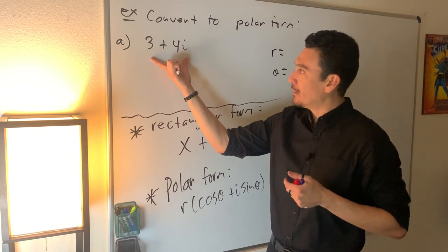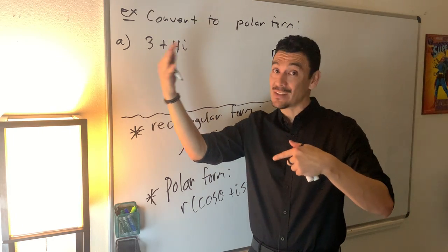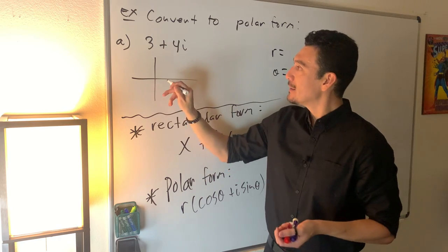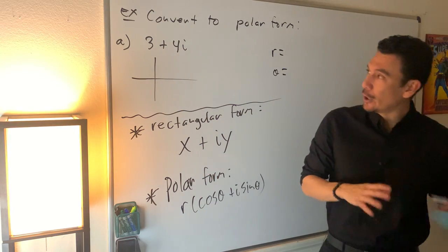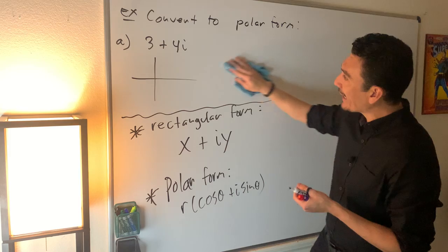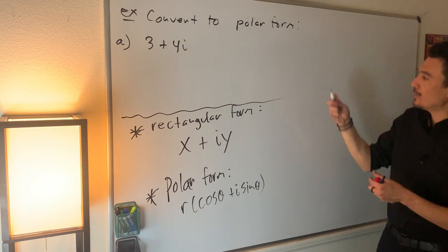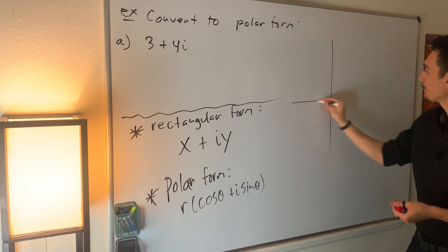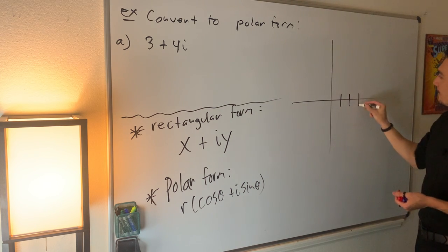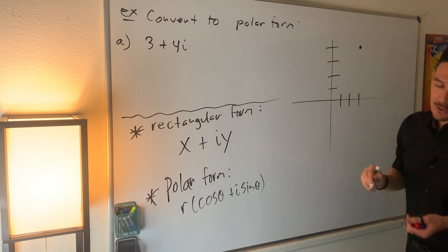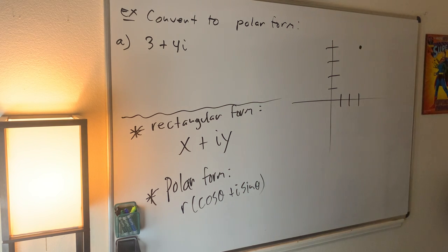Here's how I would do something like this. Plot this number. Make a graph of it like you did just a couple moments ago. Go to your real imaginary axis and plot the number 3, 4. Plot your complex number, 3 and 4.